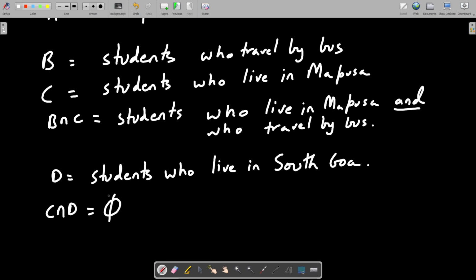So let's go back to this thing. Can you give me another example of an empty set? Two sets whose intersection will be empty. Another example of an empty set.